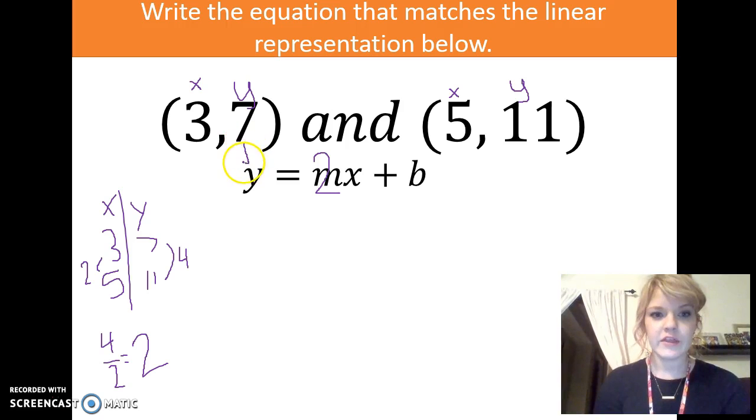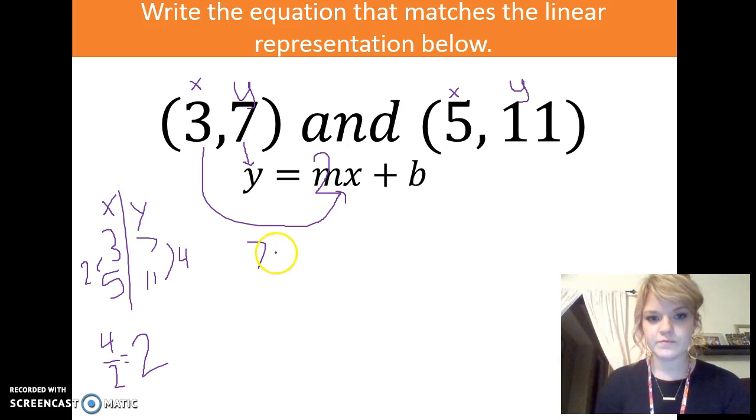So this 7, that goes in for the y, and the 3 is going to go in for the x. Remember, a number right next to a letter is being multiplied. So I'm going to do 7 equals 2 times 3. And then my variable, what I don't know, is the b.